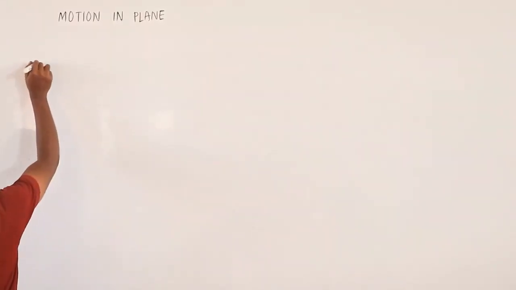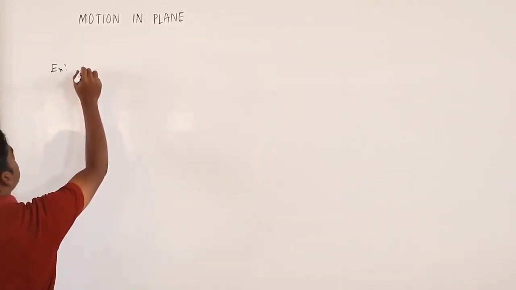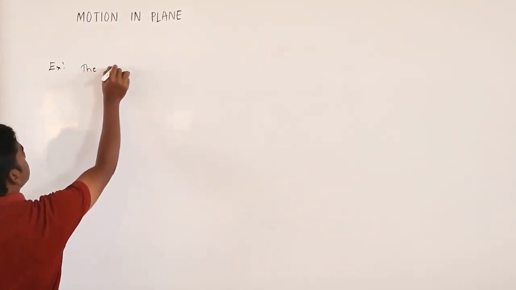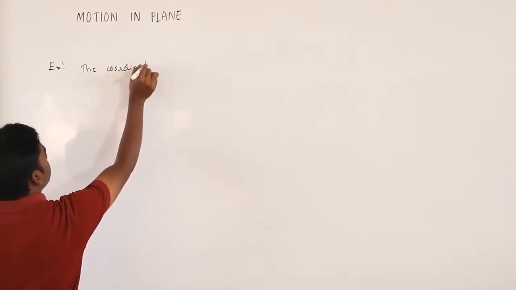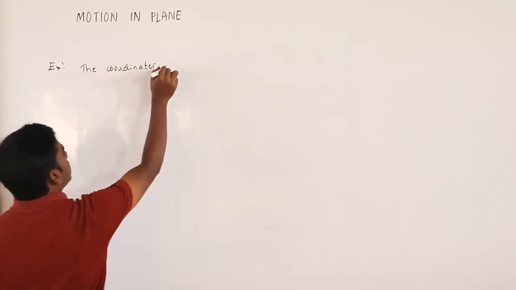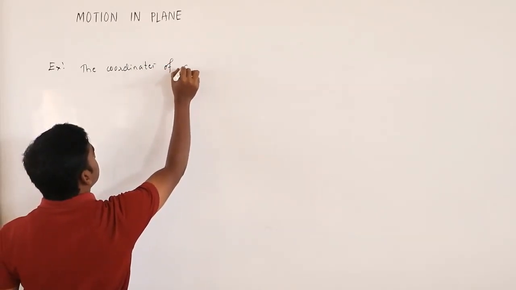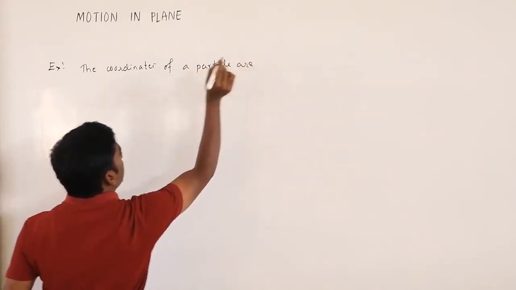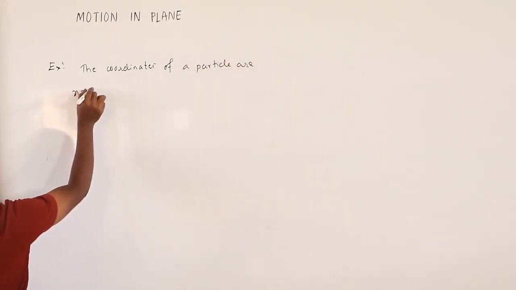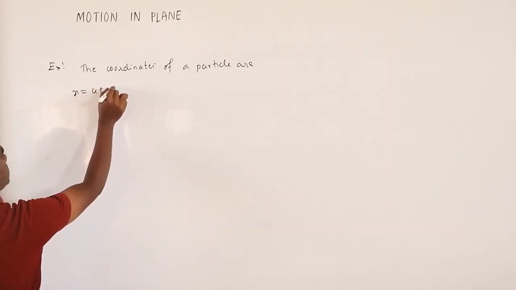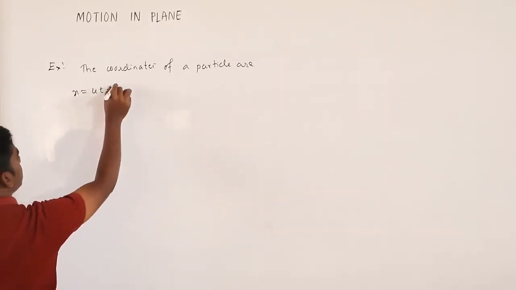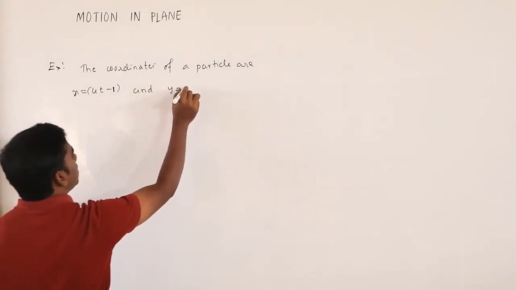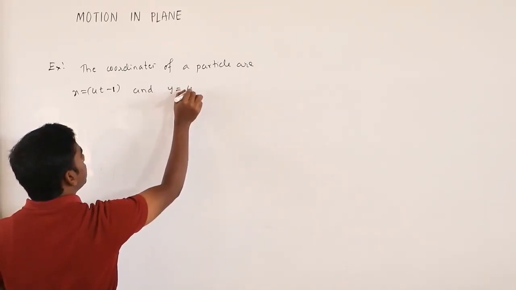So let me take another interesting example. The coordinates of a particle are x equals 4t minus 1 and y equals, say, 4t square.